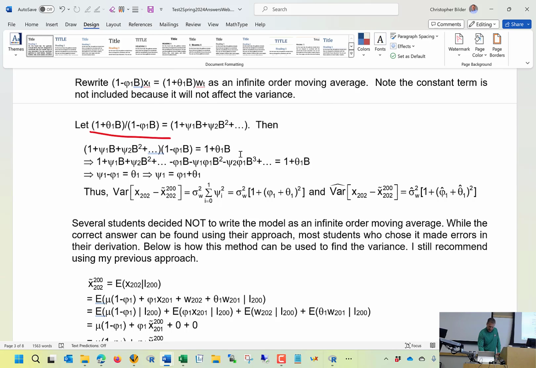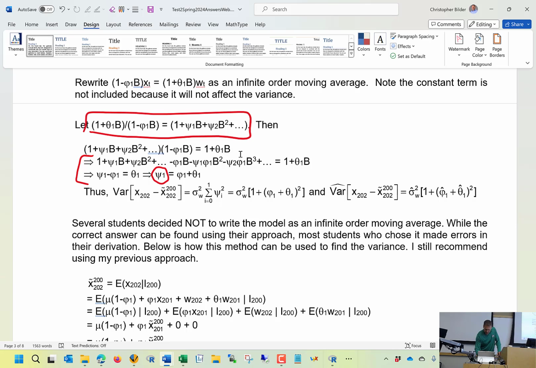And so basically you end up with this part right here. Do a little bit of math, multiply stuff out. For this particular problem, there was only one of these sides that you actually needed to figure out, because we only were going 2 time points into the future. It ends up being just phi 1 plus theta 1.